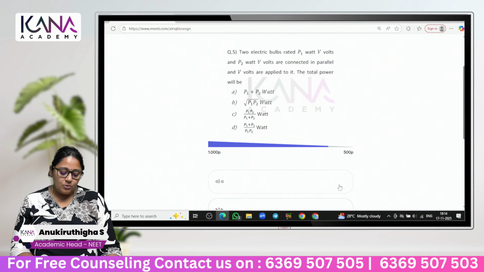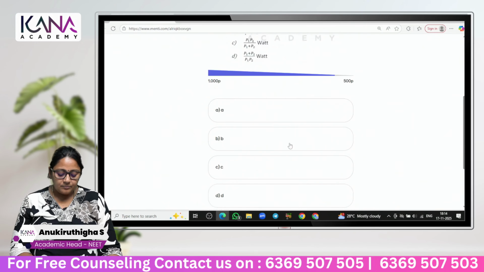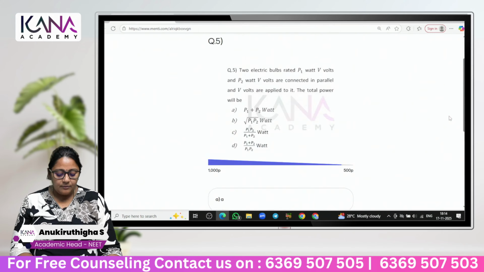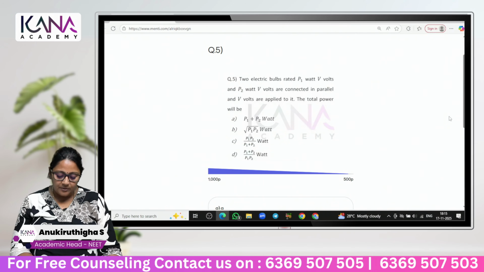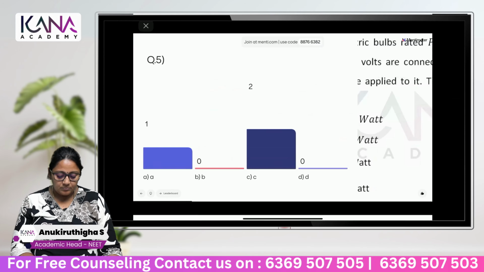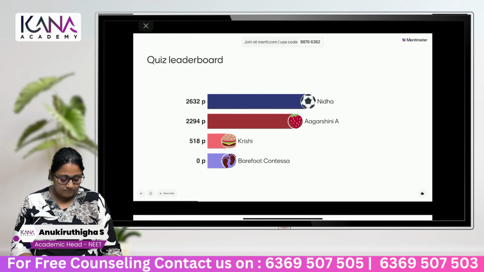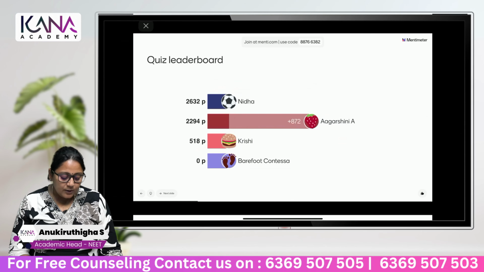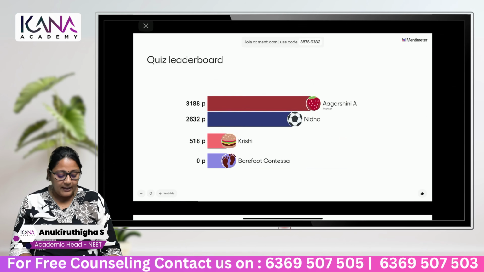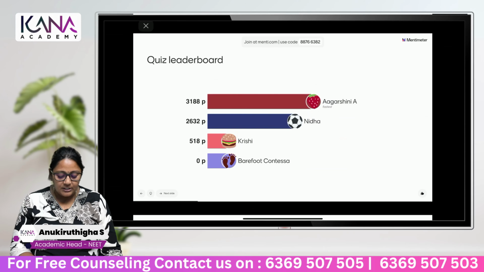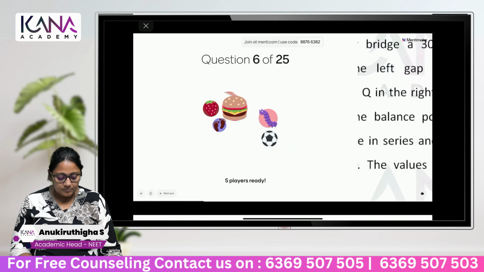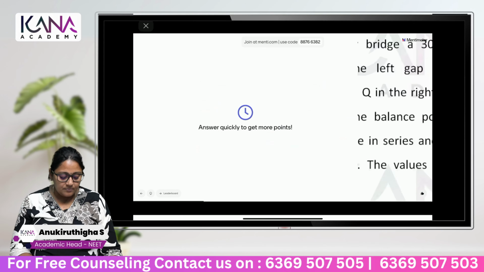Make it faster. So you're left with 10 seconds. 5, 4, 3, 2, and 1. So 2 of you have given the wrong answer. So the answer is A, P1 plus P2 watt. Agarshni has given the right answer. Very good.